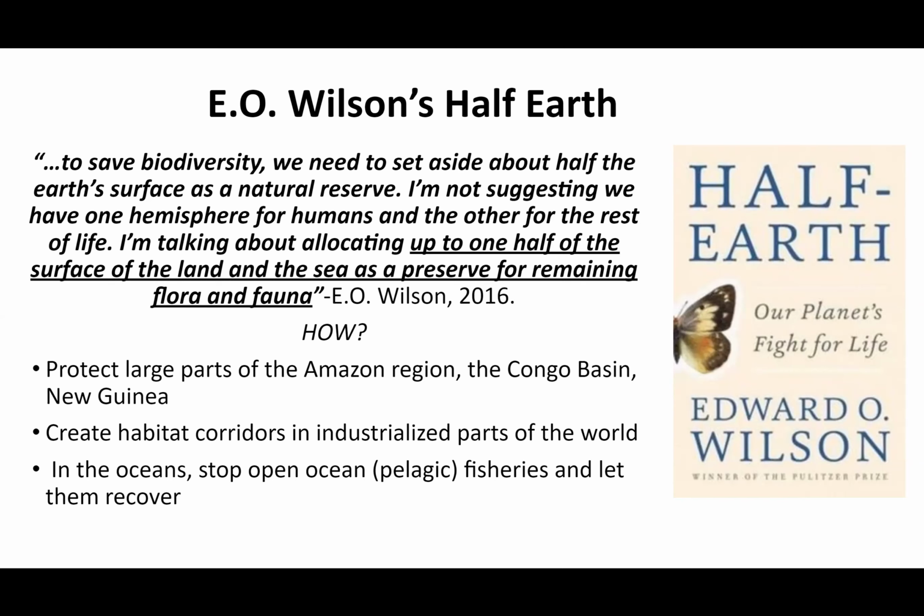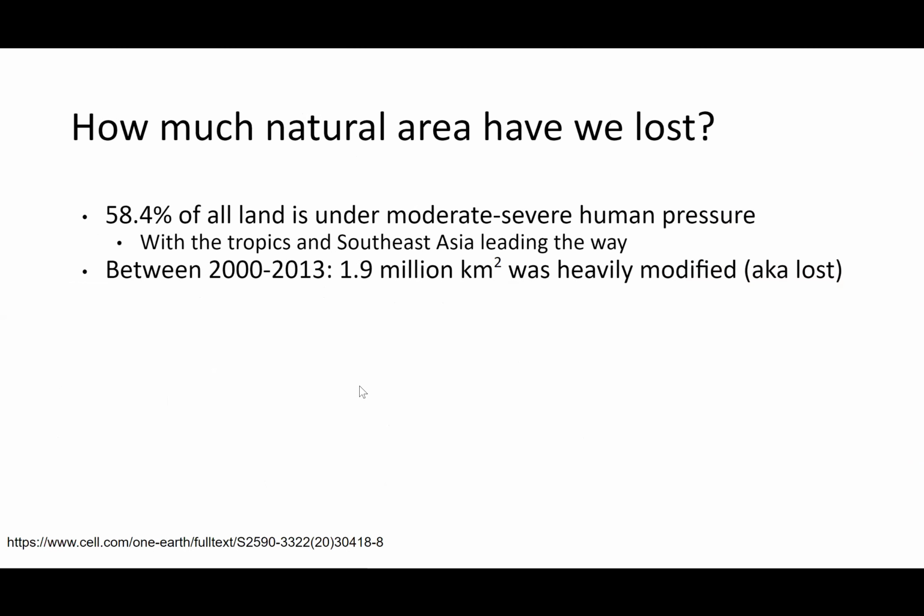So there's lots of ways to protect biodiversity, but clearly there's a lot that needs to be done. And I hope I've convinced you that biodiversity is not only important for just the planet, but it's also important for sort of your average everyday life.